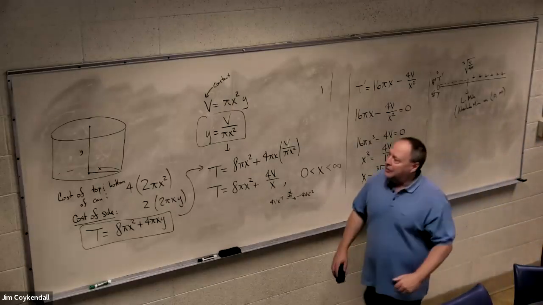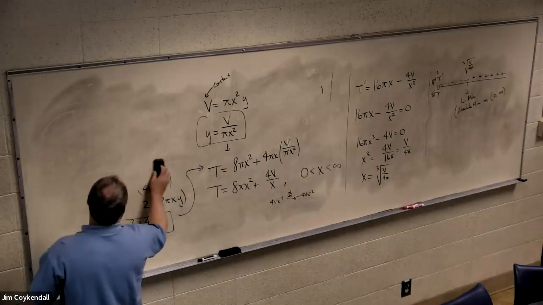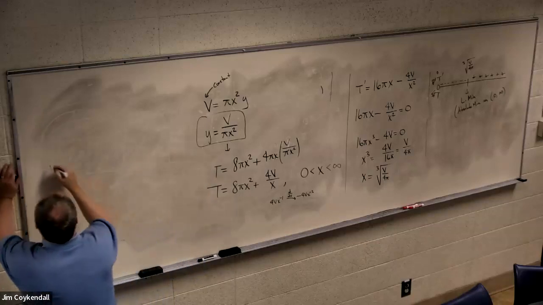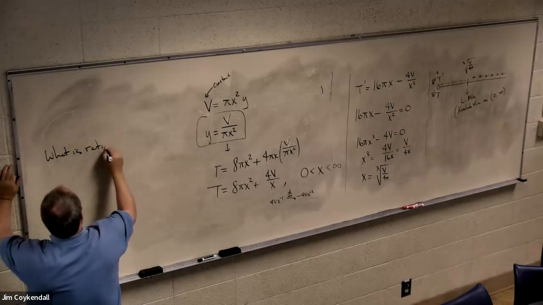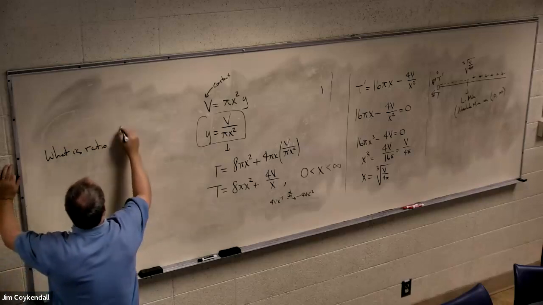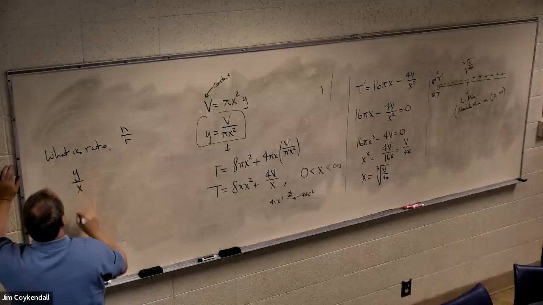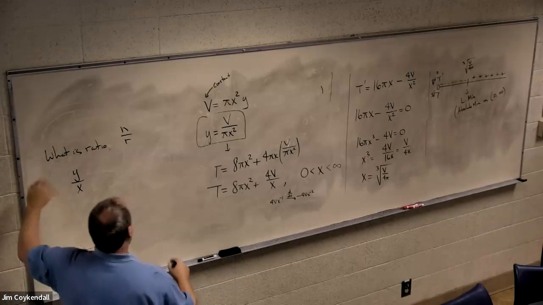Let's answer that. Actually, the last thing that I asked him, his problem was, what is the ratio of H to R? Which in our case is Y over X. Well, let me see here.